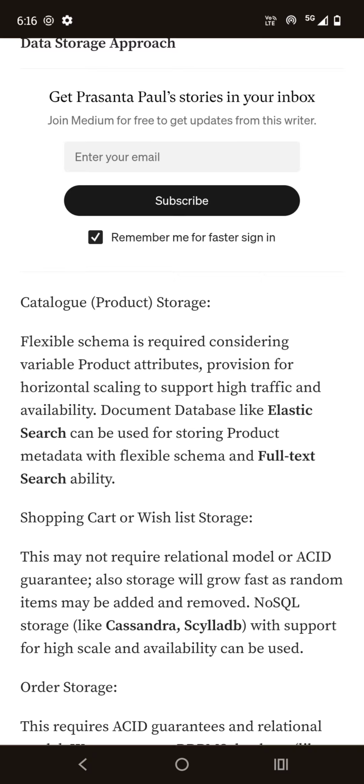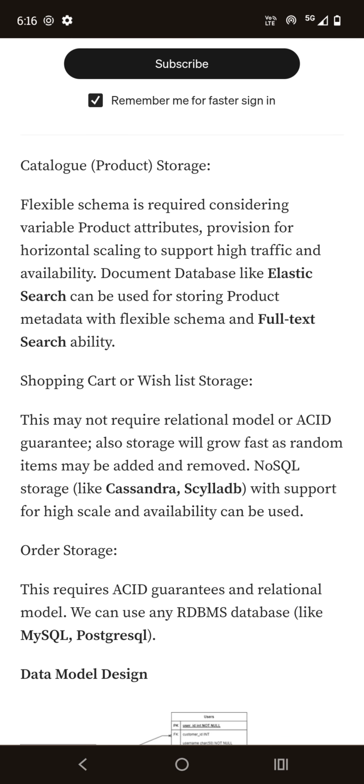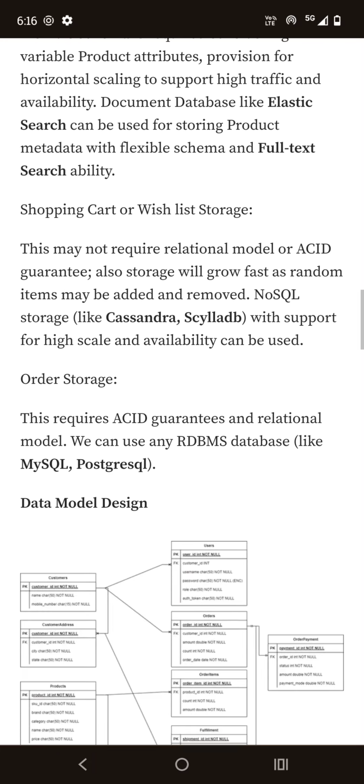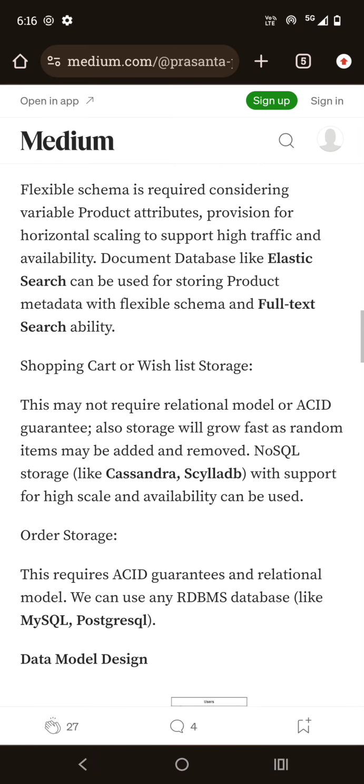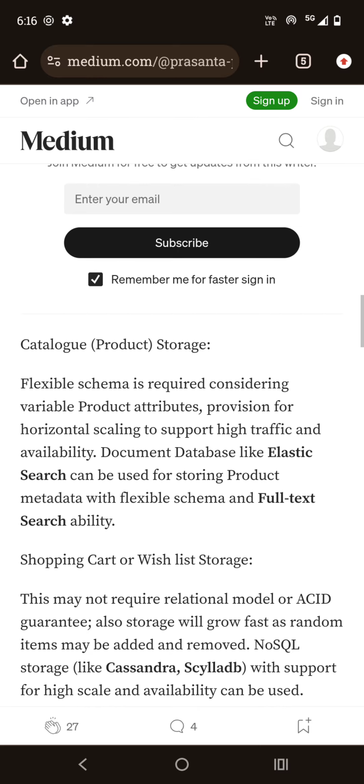Here, for example, you can take a document database like Elasticsearch, which can be used for storing metadata with flexible schema. You can also use NoSQL databases like Cassandra or MongoDB. You can choose any database here. That is the important thing.